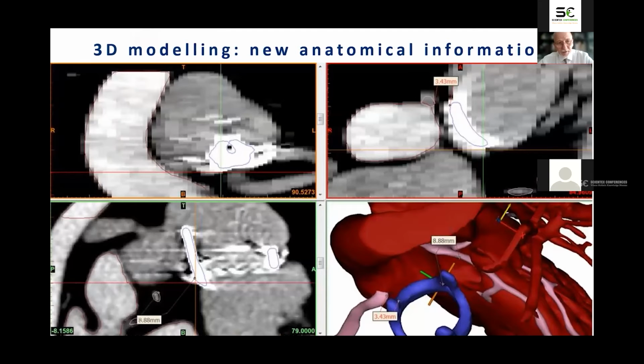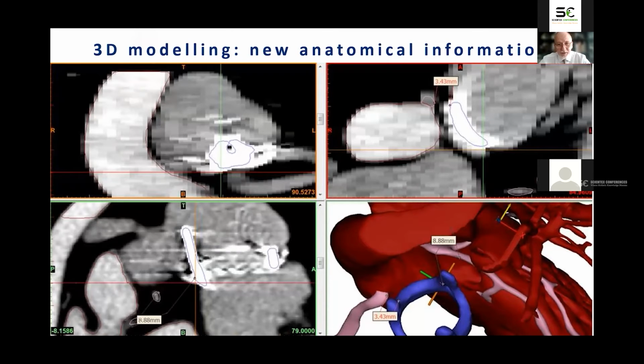Or in this other case, where we had actually no way from the CT angio to figure out why this patient was having very poor ventricular function. And the patient previously had a prosthetic valve implanted. First, of course, the surgeon wants to know whether that's something related to his or her own activity that results in poor ventricular function.